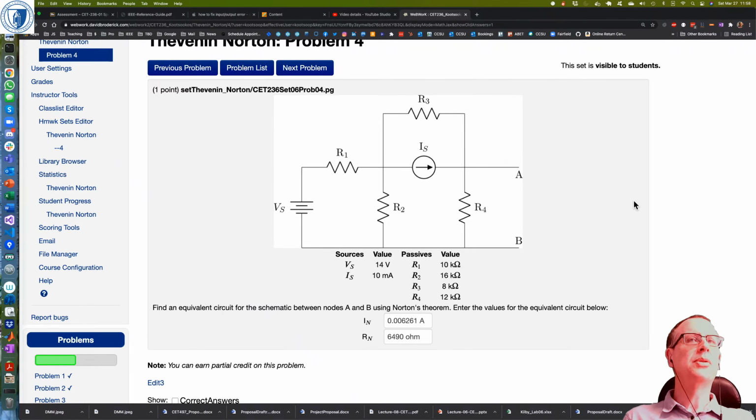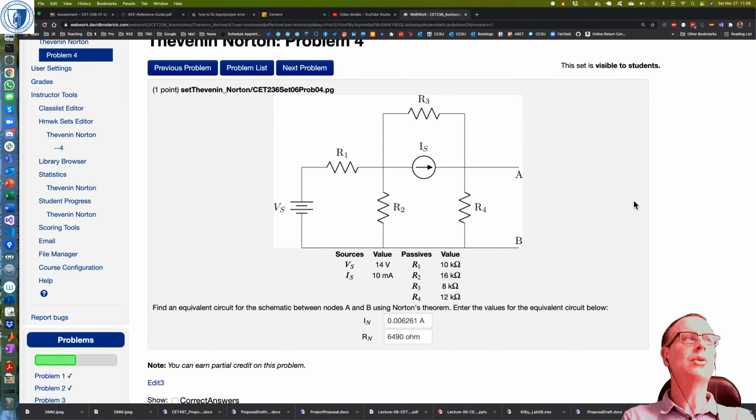And then once we've got that, we want the current, so we need to find the short circuit current. So we'll need to put a short across A and B and then analyze the circuit that way. Putting a short across A and B means that R4 doesn't enter into the circuit.